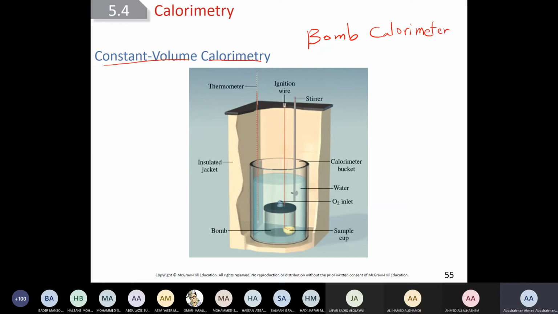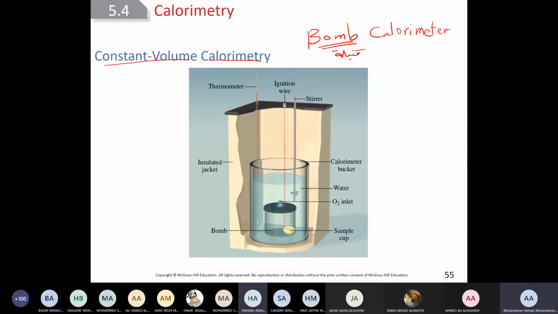What does bomb mean? What's the meaning of bomb? مضخة. لا. قنبلة. Bomb. Bomb calorimeter.